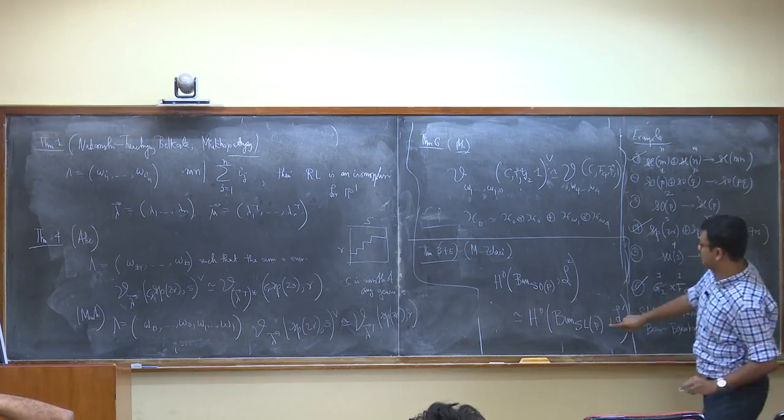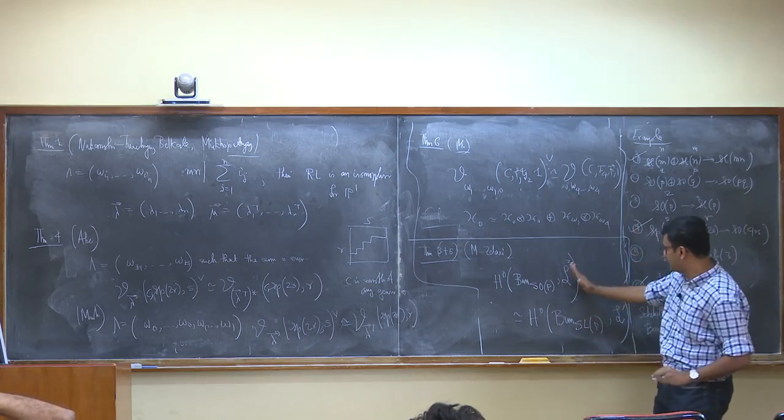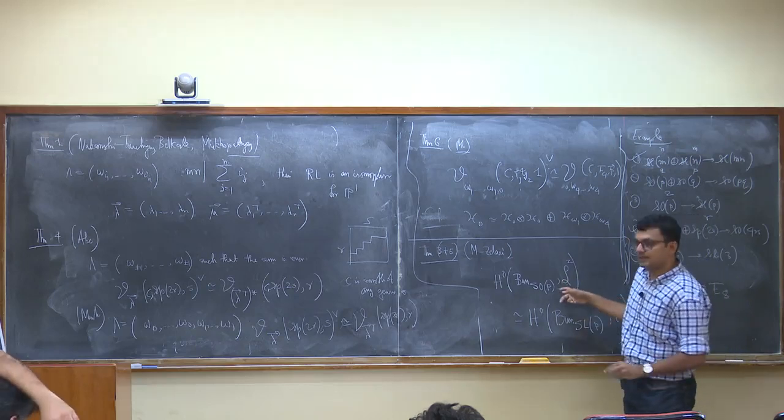The Picard group of both of these is Z, so there's a canonical generator, and you just take those canonical generators.